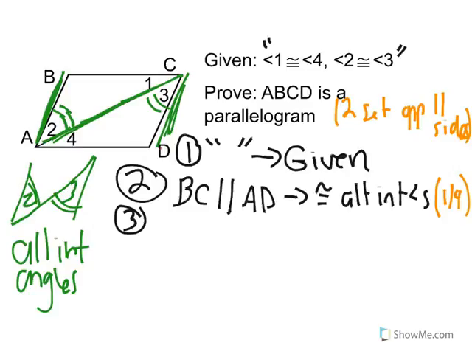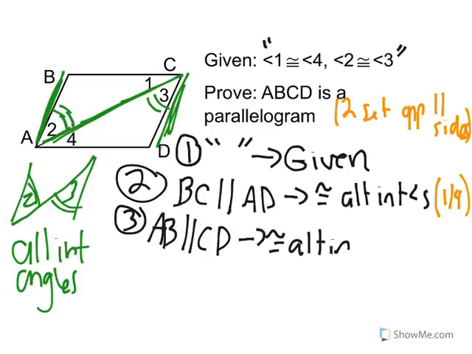So AB is parallel to CD because we have congruent alternate interior angles. And those angles would be 2 and 3.